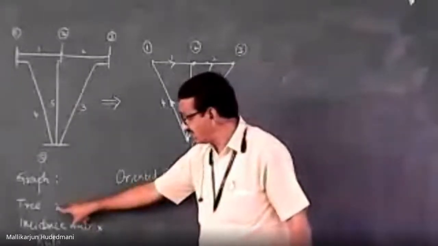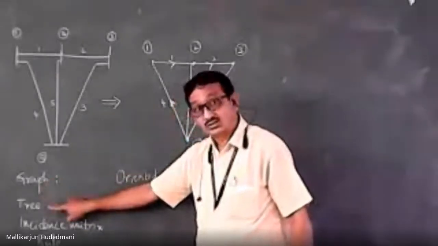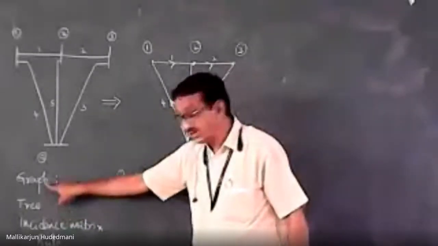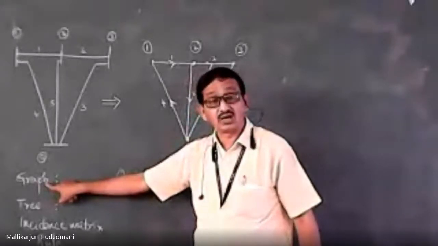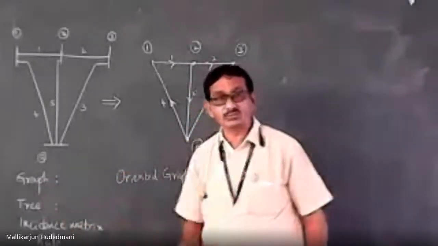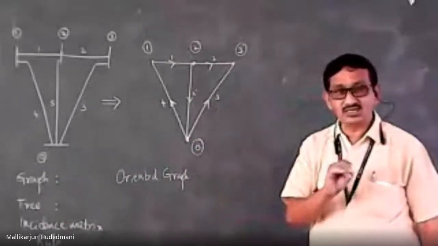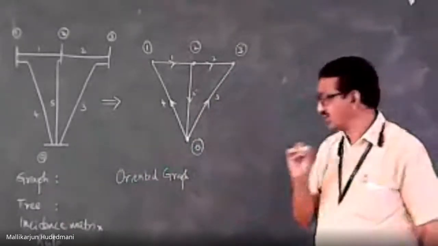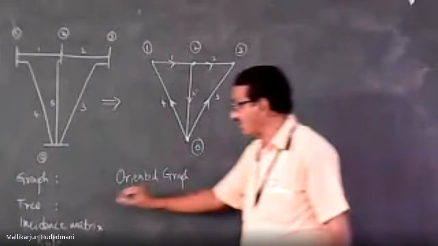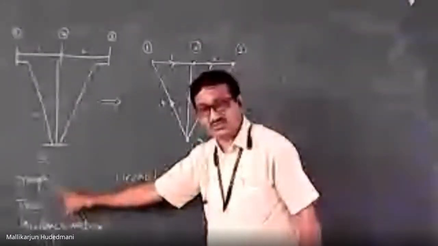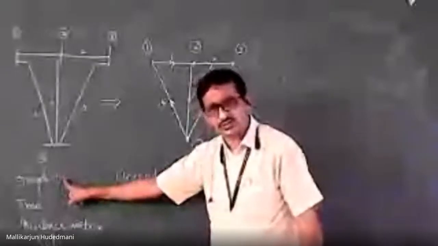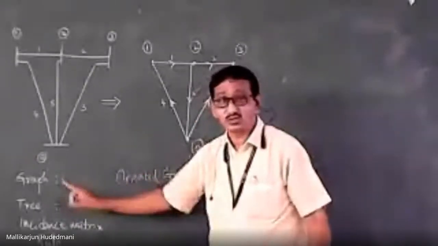A tree is a graph or subgraph of a main graph in which no closed path exists. What is the meaning of this? A tree is a graphical representation of a problem. It is a graph which is having orientation and there exists no closed path.